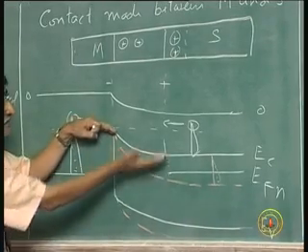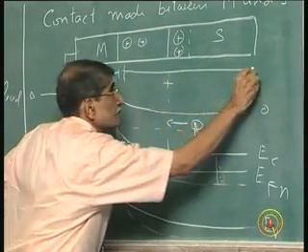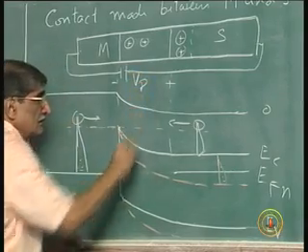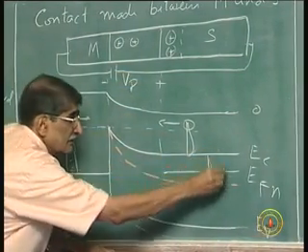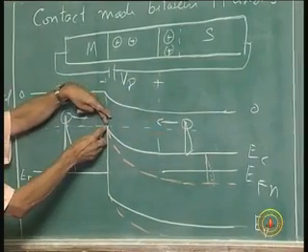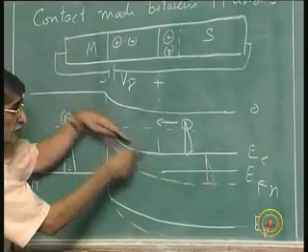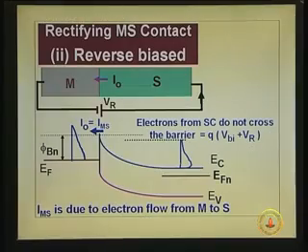Now, when this level goes down with this reverse bias, that is made it more positive, V r, this will go down by an amount equal to V r. So this entire E c will go down by V r. Whatever tip was here above this has moved down below that. Going back to this point, this is the top of the barrier.